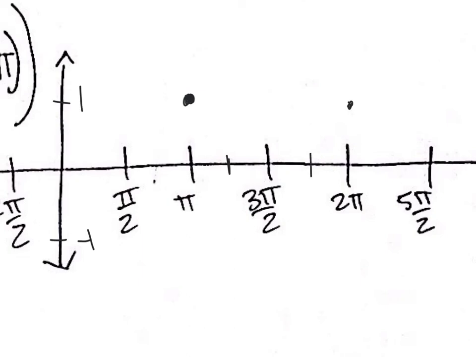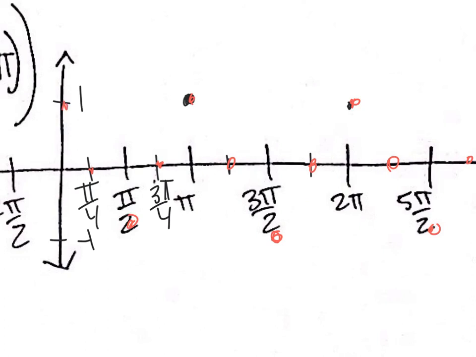I'm going to draw some additional lines in there. If we were labeling these, what's half of pi over 2? Yeah, you're right, pi over 4. So this is 1 pi over 4, 2 pi over 4, 3 pi over 4, 4 pi over 4, 5 pi over 4, 6 pi over 4, 7 pi over 4, etc. And we go top, middle, bottom, middle, top, middle, bottom, middle.